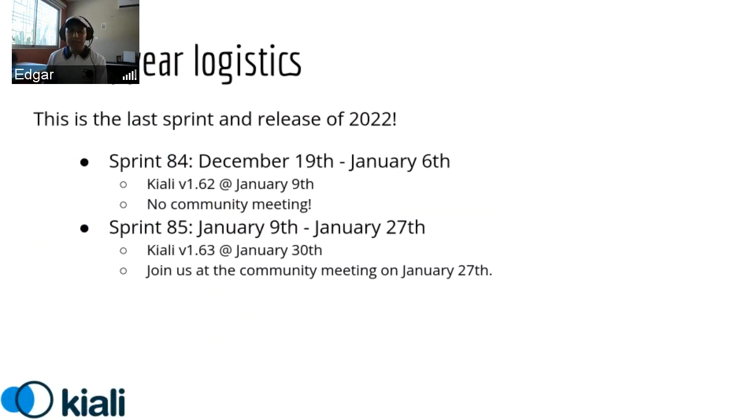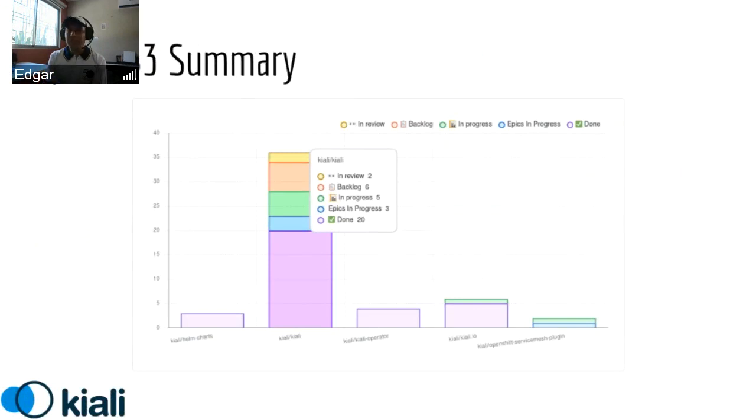Having said this, let's go directly to the Sprint 83 summary. In total, if I remember correctly, we have about 51 issues, and by issues I mean pull requests and open tickets from the community or from maintainers.